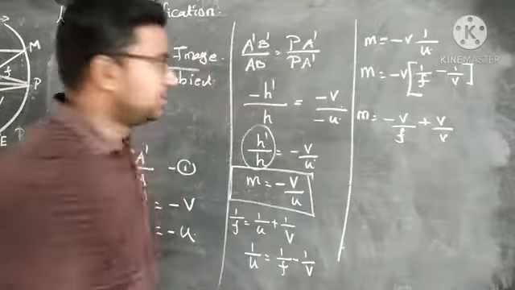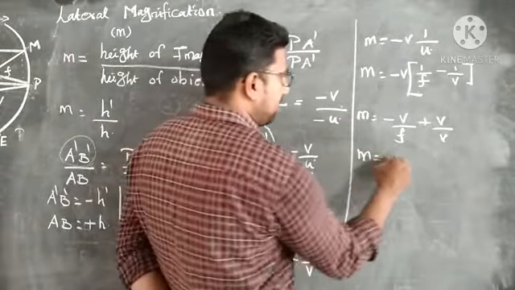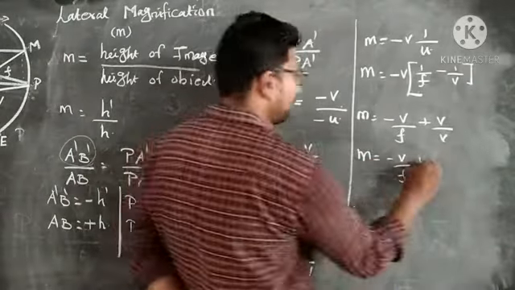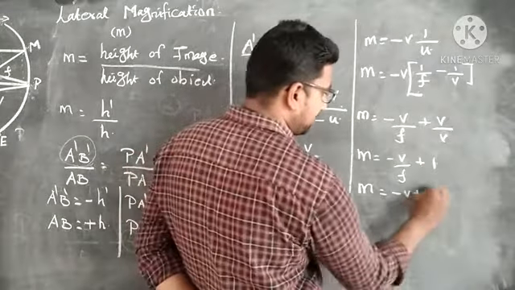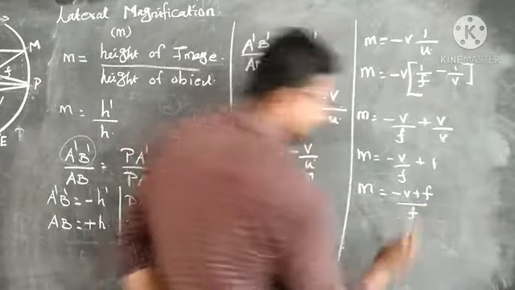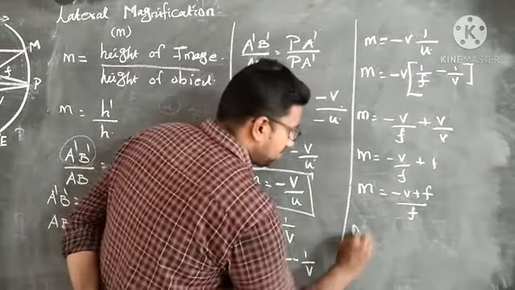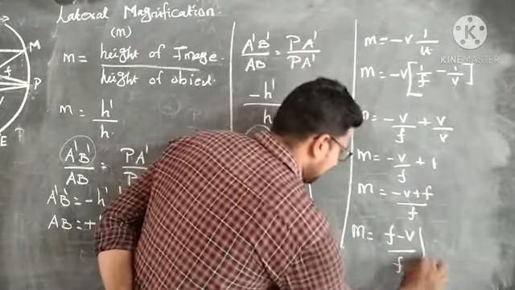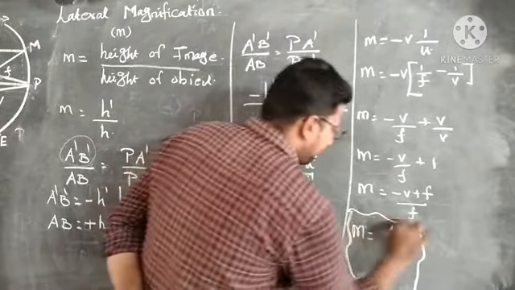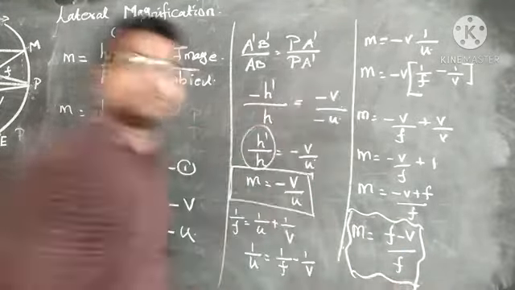Am I right? So m is equal to minus v by f plus 1. So m is equal to minus v plus f divided by f. This will be rearranged, so m is equal to f minus v divided by f. This is another form of lateral magnification.